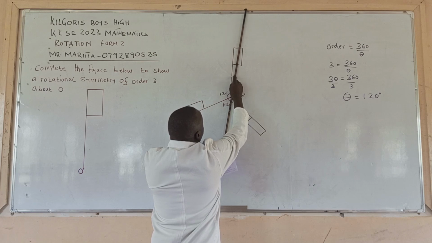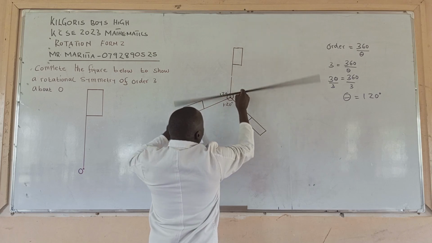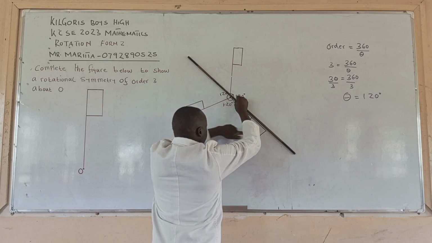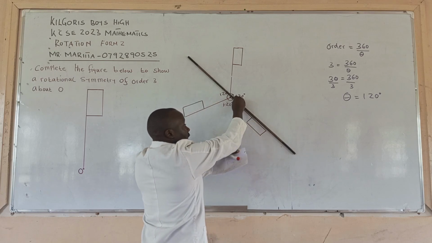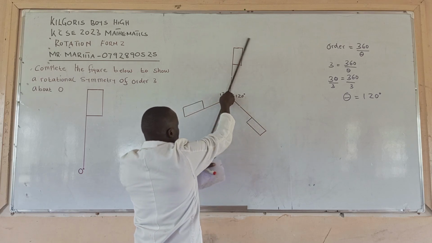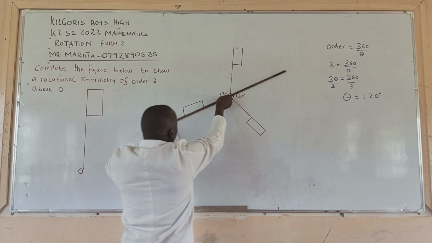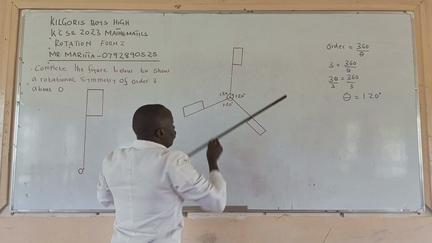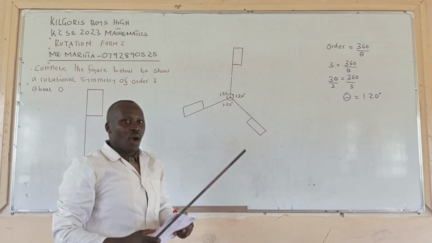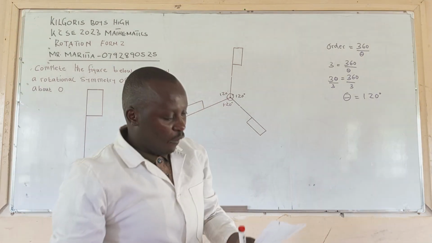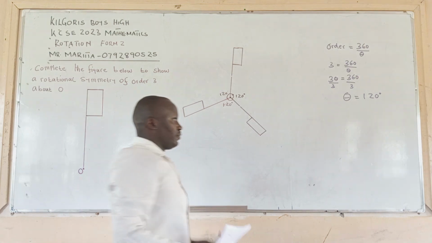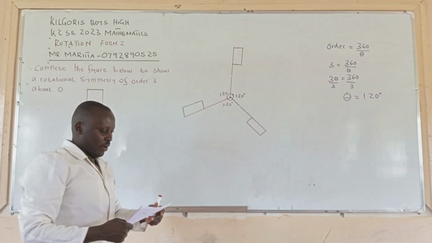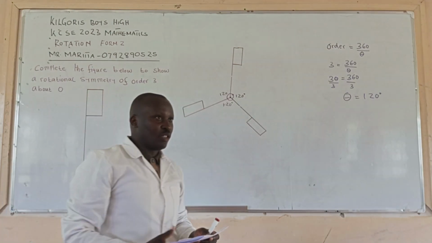You rotate 120 degrees, then measure another 120, and then another 120 degrees.